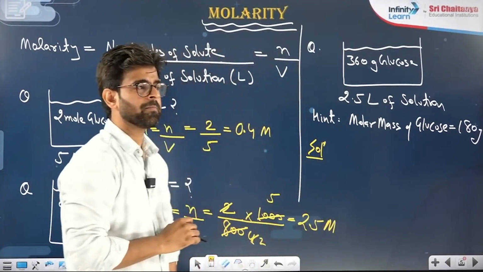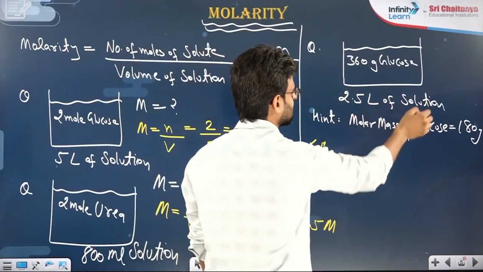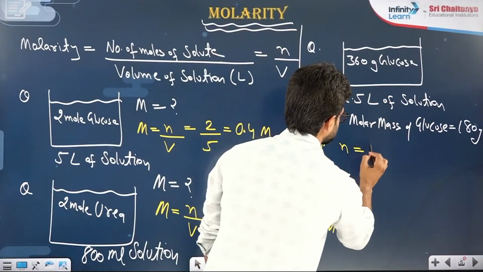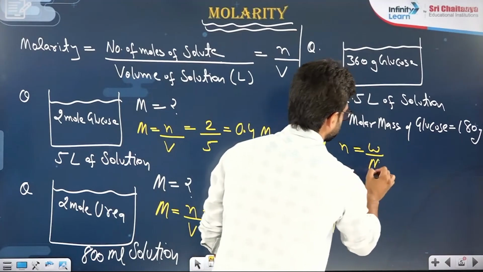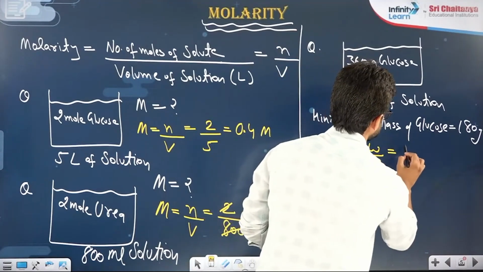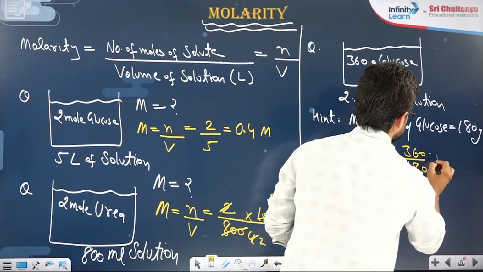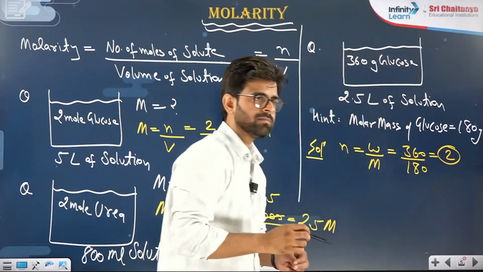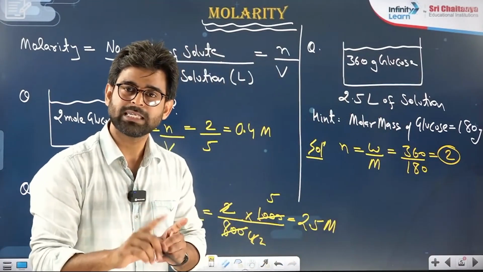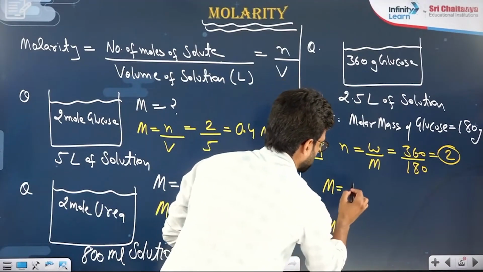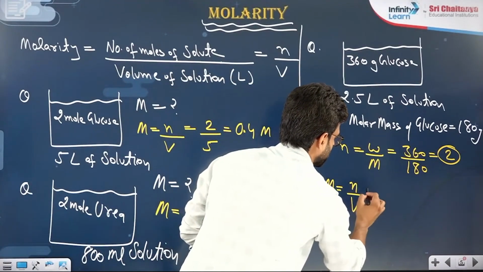First we have to find the moles of glucose. How many moles of glucose are there? Given weight by molar weight. What is the given weight? 360 gram. How many moles are there? 2 moles. First we got the moles from weight. Now molarity is the number of moles by volume.